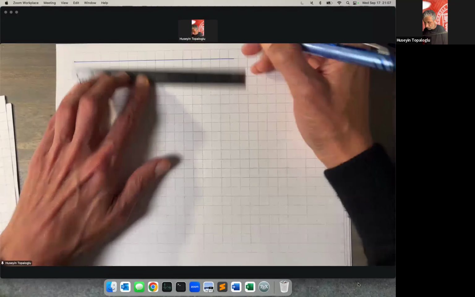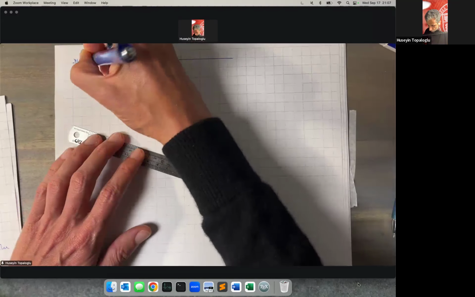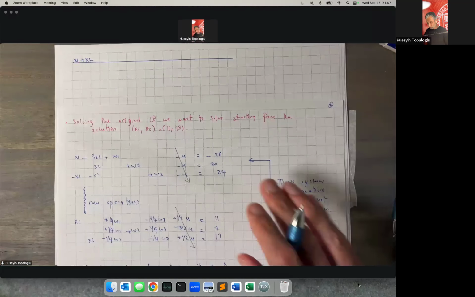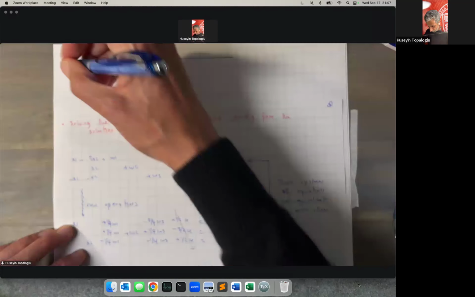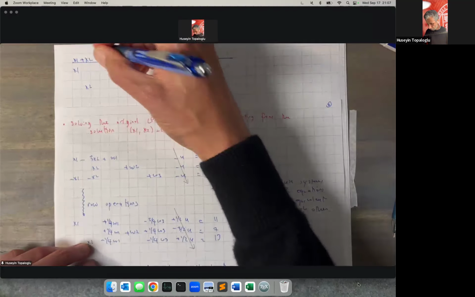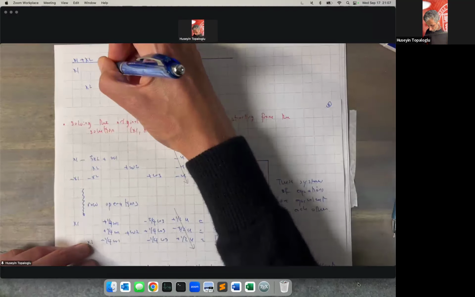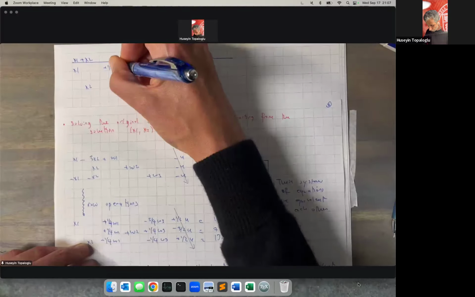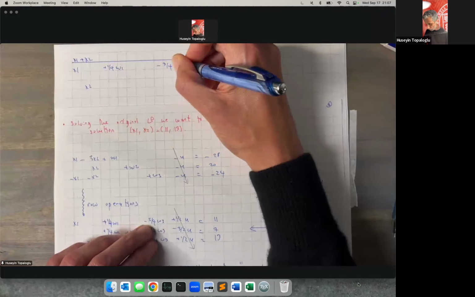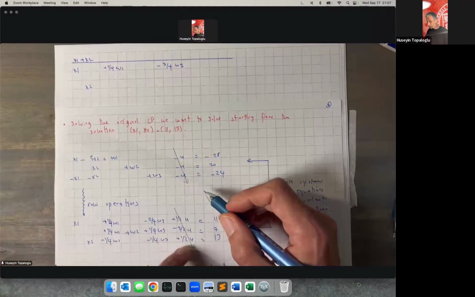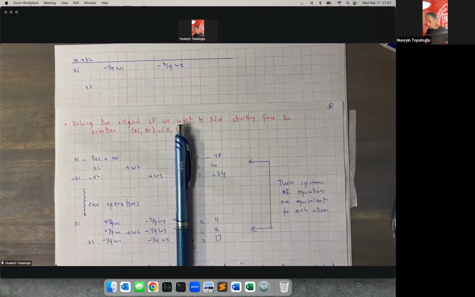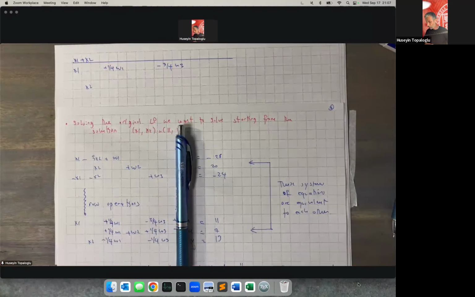The objective function of my original linear program is x1 plus x2. I'm going to write equals z on the right-hand side. But now for the constraints for my original LP, I'm going to borrow them from here. x1, x2. Let's write that like this, 1 over 4 w1, w2 minus 3 over 4 w3. When I'm solving the original linear program, I don't need the u variables anymore, because these systems without the u constraint are the constraints of the original linear program that I would like to solve.